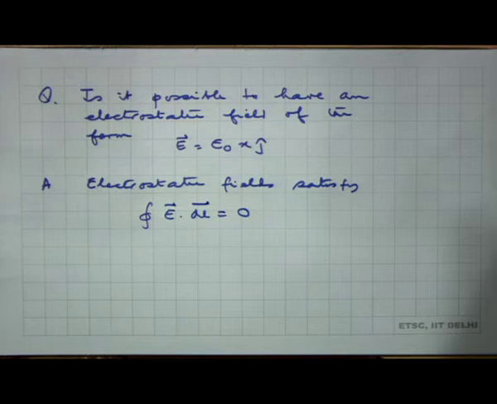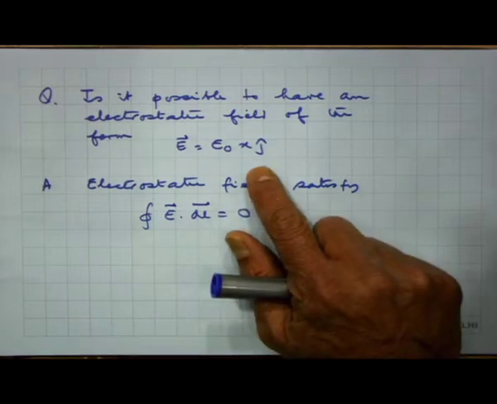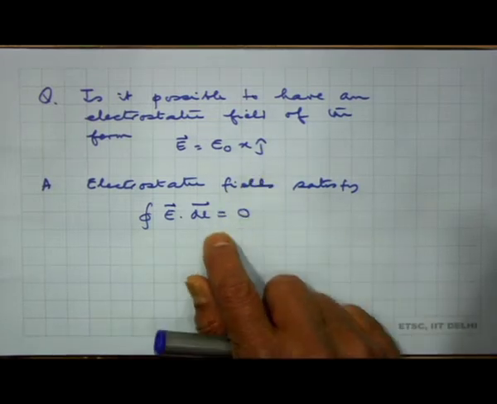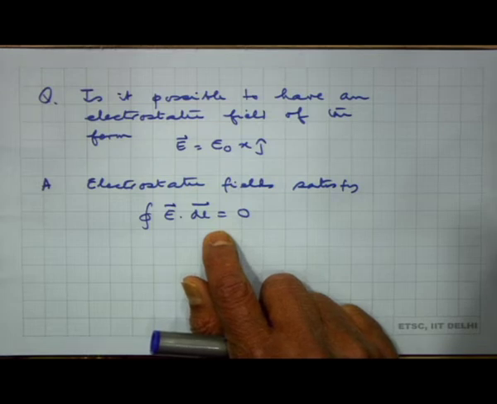If you take the electrostatic field and do a line integral over a closed path, then you will find it to be 0, because these are conservative fields and electrostatic fields satisfy this equation. So, if this field is to represent an electrostatic field, it must satisfy this equation. That means, if I take any closed path, integral E dot dl must be equal to 0.